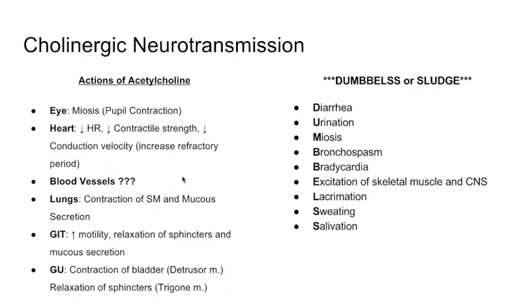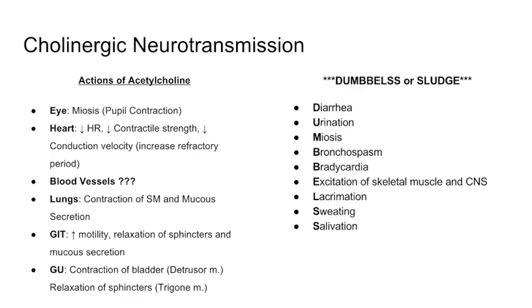I left question marks next to the blood vessels because I think it's a little bit above what we're going to go through here. Technically, when acetylcholine works on the blood vessels, it will cause vasodilation and expand the blood vessels. However, we have acetylcholinesterases in our blood, and there is no blood vessel that's innervated by a cholinergic neuron.